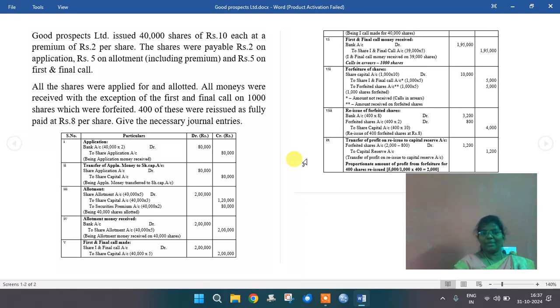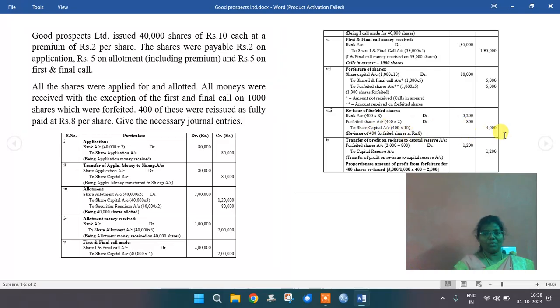So this 2 rupees will be taken from the forfeited shares account. So: bank account debit 400 into 8, forfeited shares account debit 400 into 2, to share capital account 400 into 10. So bank account it is 3,200, forfeited shares account it is 800, and share capital account it is 4,000.